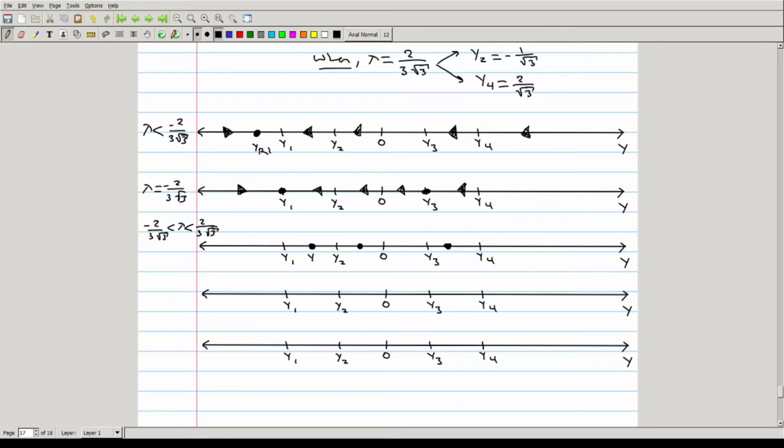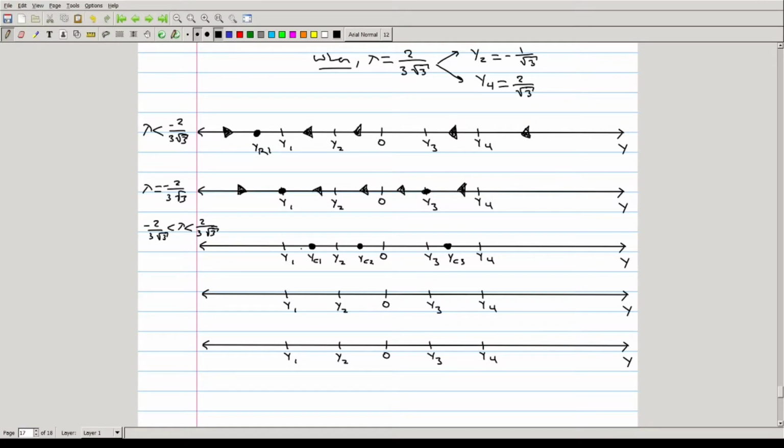So you can call this yc1, yc2, and yc3. So this is for any value of lambda in between these two values. You can show this using the cubic equation.